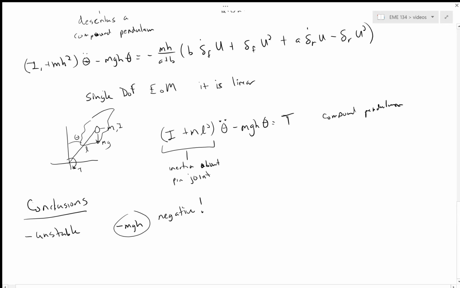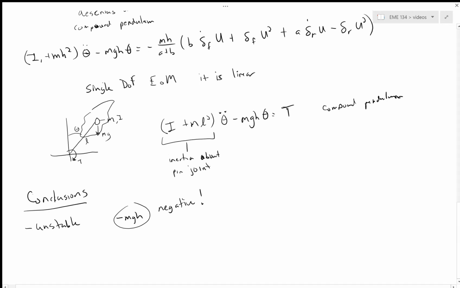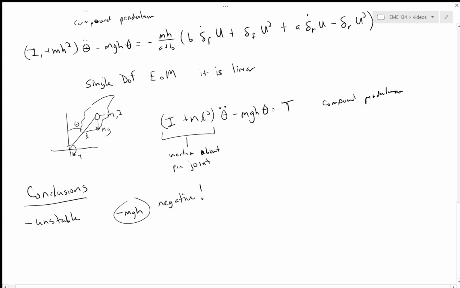The only way that it isn't negative is if the pendulum is not inverted, right? A pendulum that was pointing downwards would have a positive term there, and we'd have a stable system. And the inertial term is always positive, but we have an inherently unstable system.